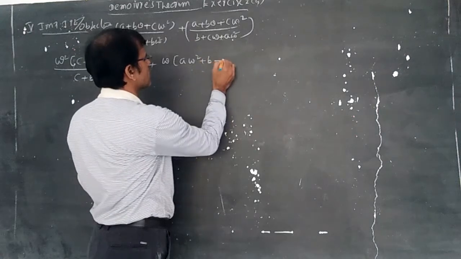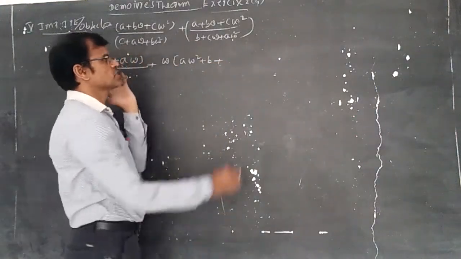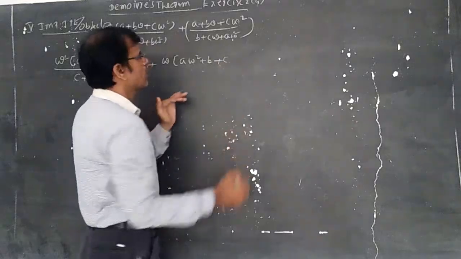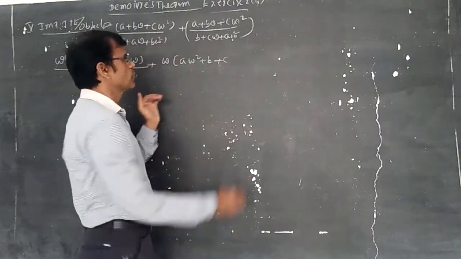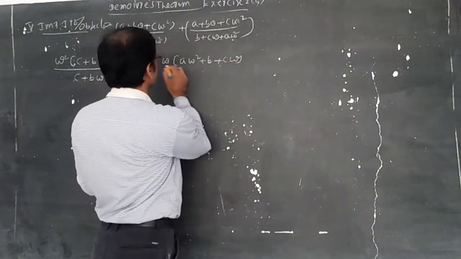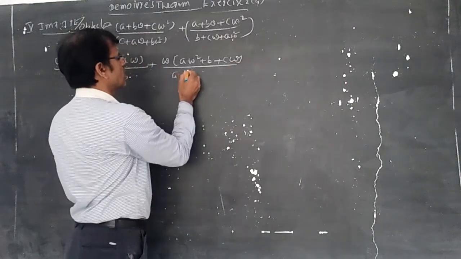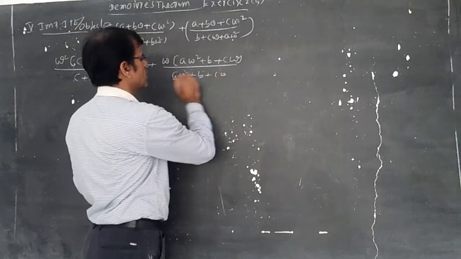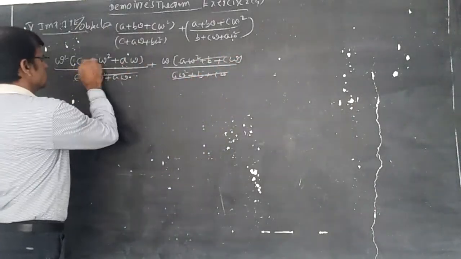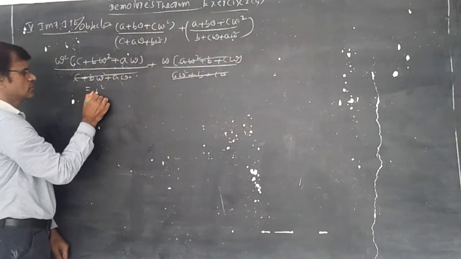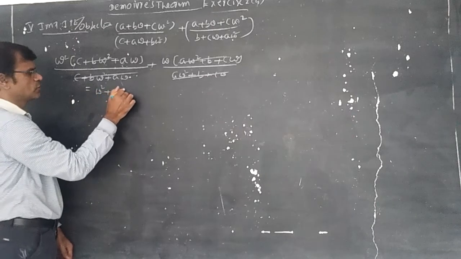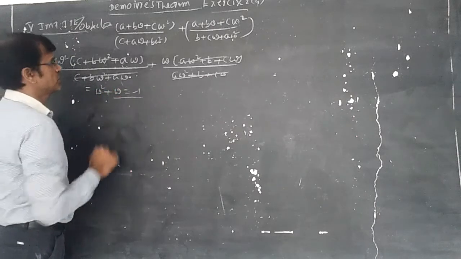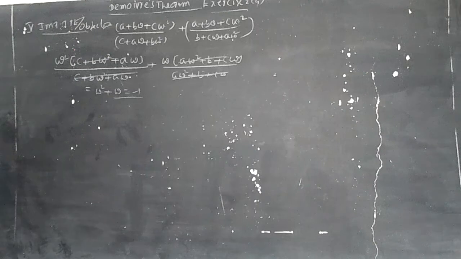Here B omega taken, simply B. Omega square is there, omega taken, so C omega, there is no power. Followed in the order A omega square plus B plus C omega, this will be getting cancelled and this is getting cancelled. You got only omega square plus omega, that is minus 1. This is the simple value.